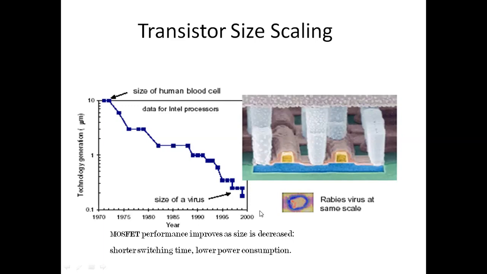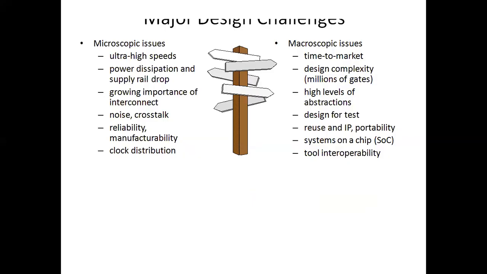The present technology is 7 nanometer technology. Just imagine, we started somewhere at 10 micrometer, and now we are in the 7 nanometer range. So that's a great journey for the VLSI industry. And almost none of the industries have developed at such a pace except the automobile industry.